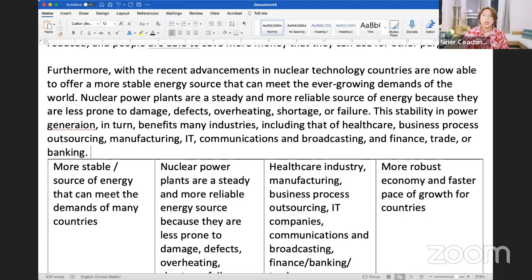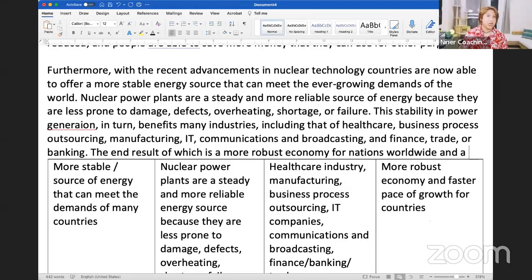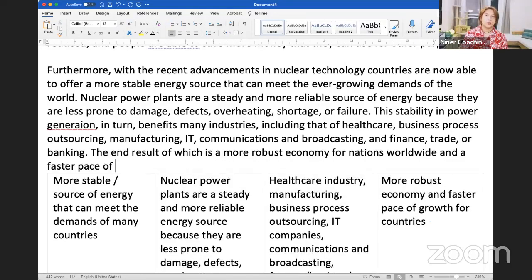The end result of which is a more robust economy for nations worldwide and a faster pace of growth that can ultimately lead to a higher standard of living for the population.